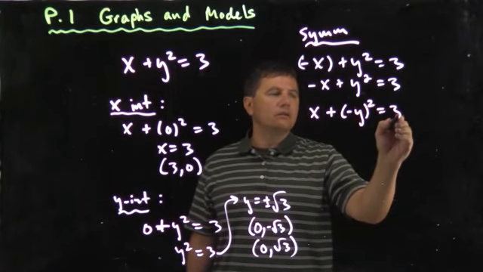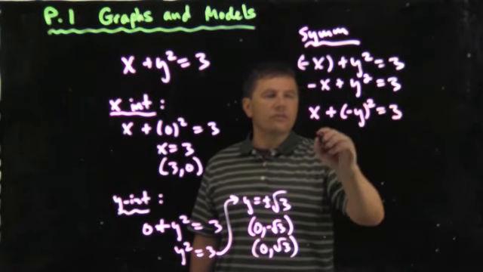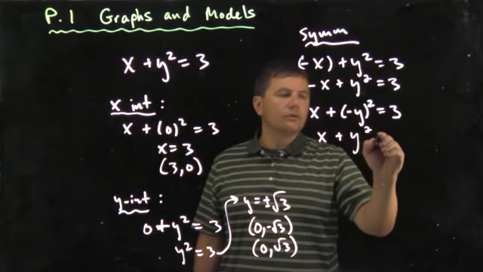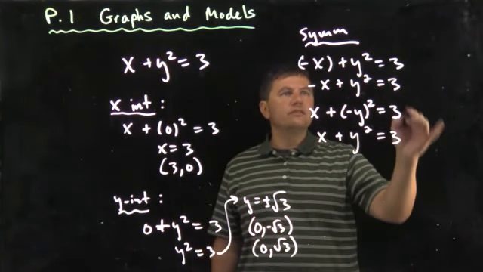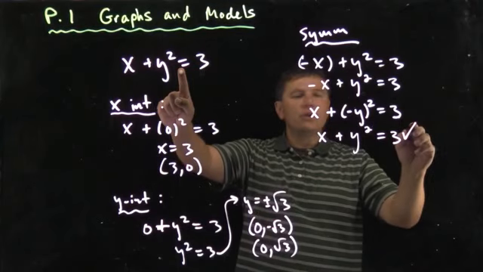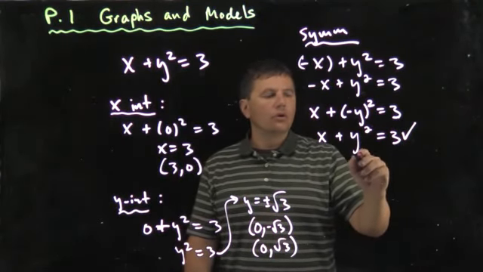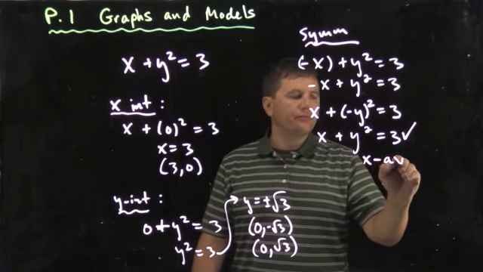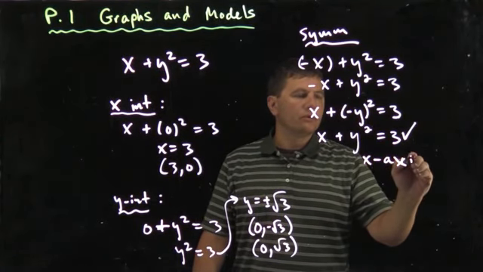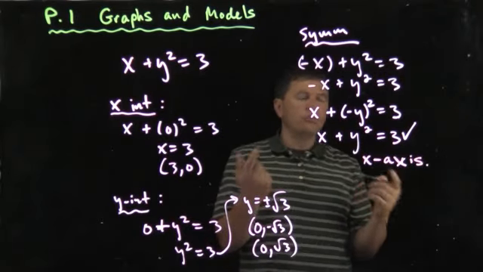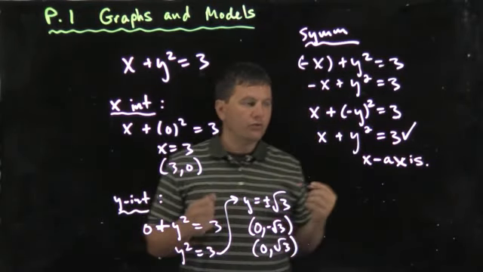I'm squaring that, so negative y squared is going to give us a positive. This is equal, so what that means is that I have x-axis symmetry. If these two things were equal, which they're not, we would have origin symmetry, which we don't.